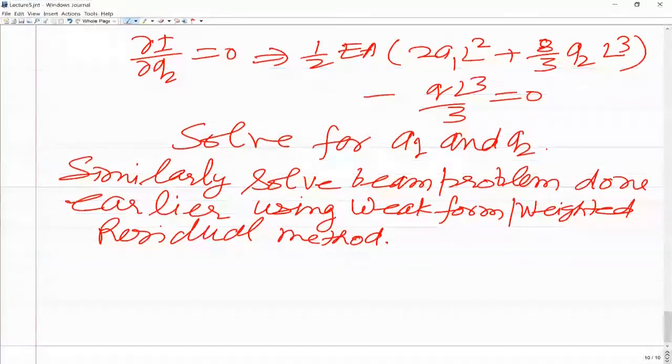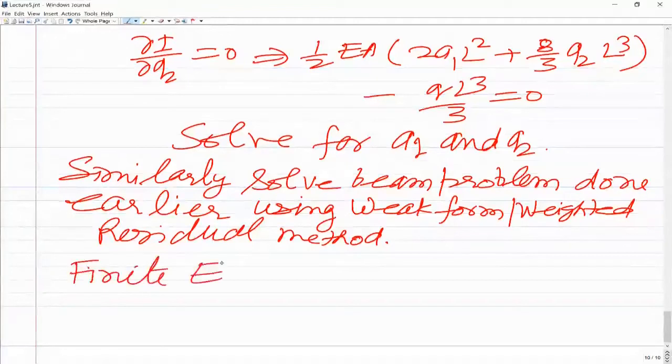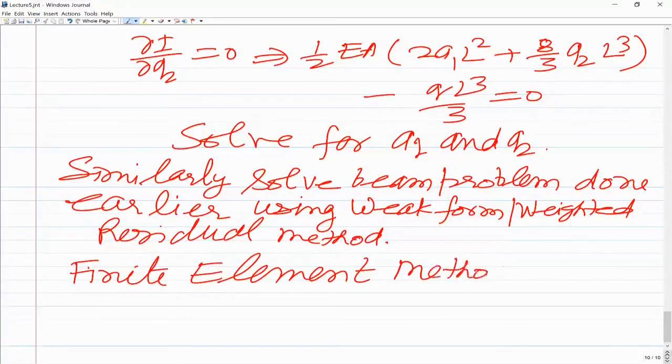So now let me start with the finite element method. We have already done the approximate analytical solution. You have seen that we assume an approximate solution which is valid over the entire domain, from x equal to 0 to x equal to l.